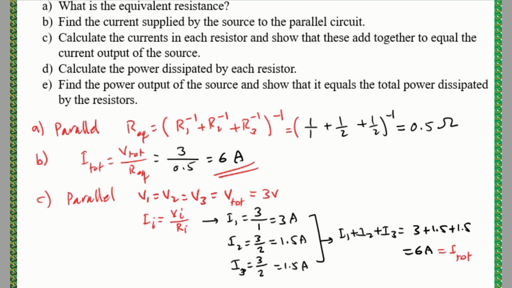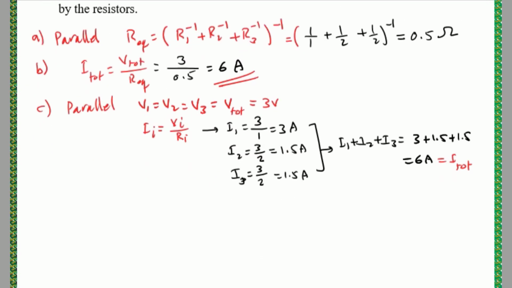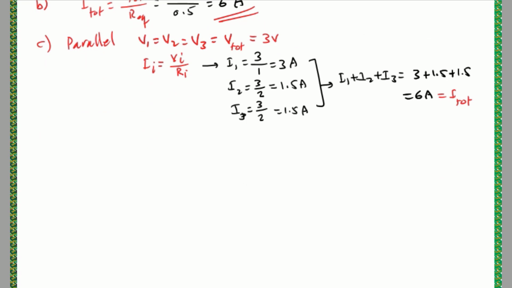Now we need to find the power dissipated by each resistor. The power for any resistor equals I squared times R, for resistor number i. So let us find these powers. P1: I1 is 3, squared, times R1, which is 1, so we have 9 watts. P2: the current for the second one is 1.5 and it is 2 ohms, so 1.5 squared times 2 is 4.5.